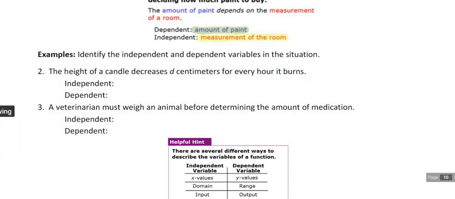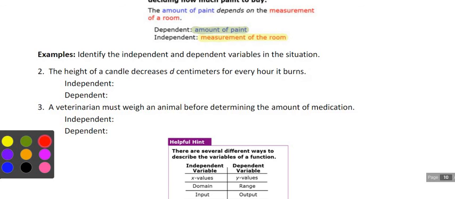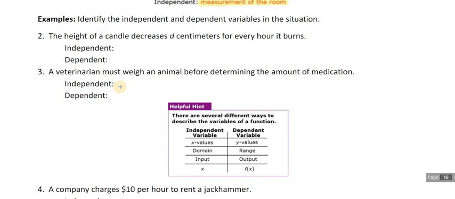So that means the height relies on or depends on the amount of time that the candle was burning. So the dependent variable is the height or the amount of decrease, and that relies on the time that the candle burns.